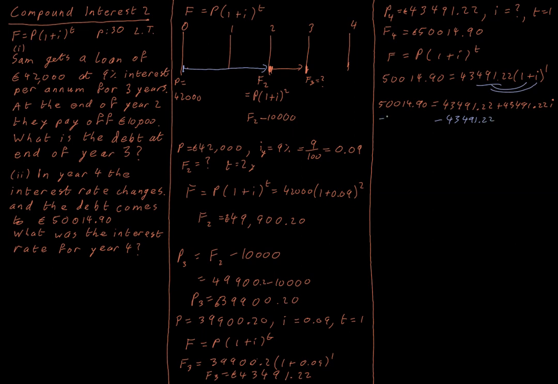43,491.22. We do the same thing to the other side of our equal sign. 50,014.90 minus 43,491.22.